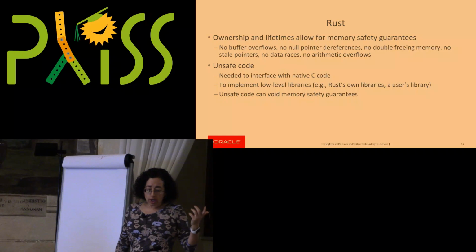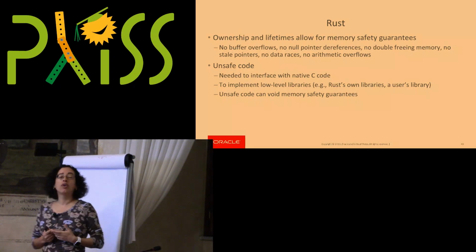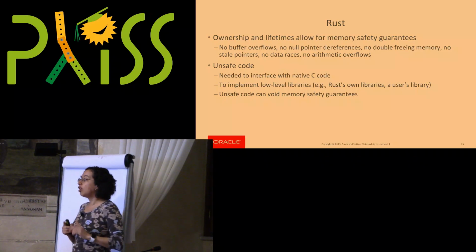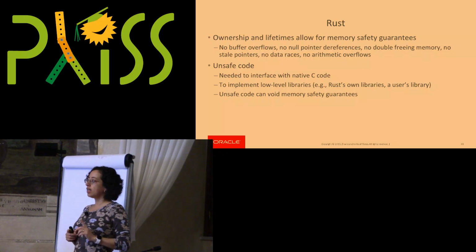So to summarize, with Rust, we have a new security abstraction in terms of ownership, lifetimes and borrows that allows you to prevent a lot of the most common types of memory safety issues that you see in languages like C and C++.